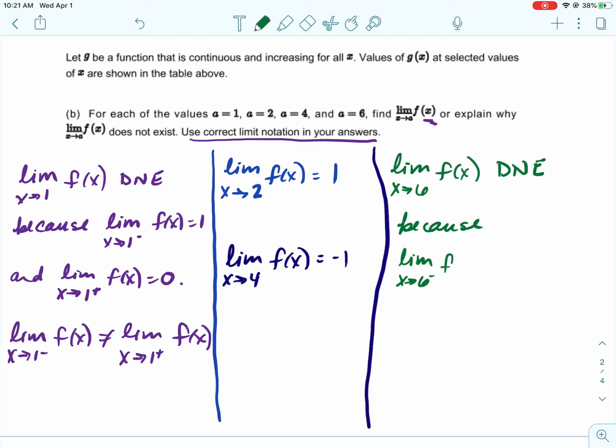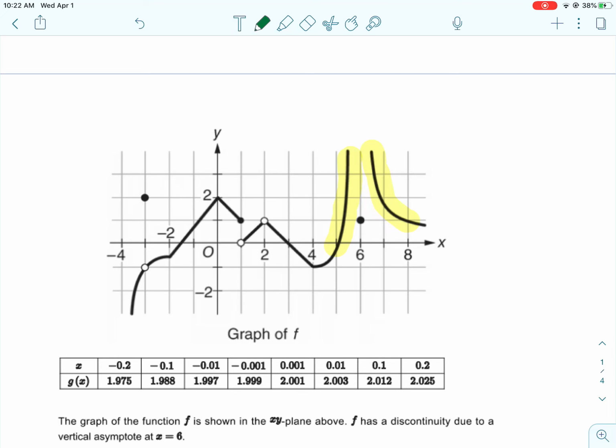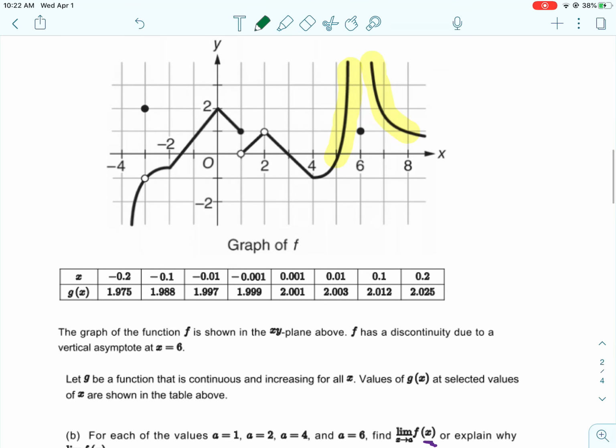So the reason is because the limit as x approaches 6 from the left of f of x is equal to infinity, and the limit as x approaches 6 from the right is equal to infinity. So infinity means the limit does not exist.